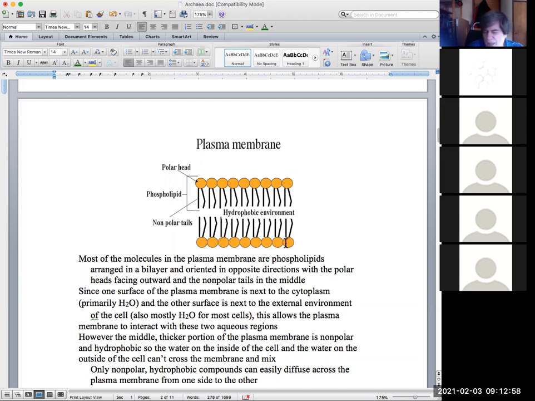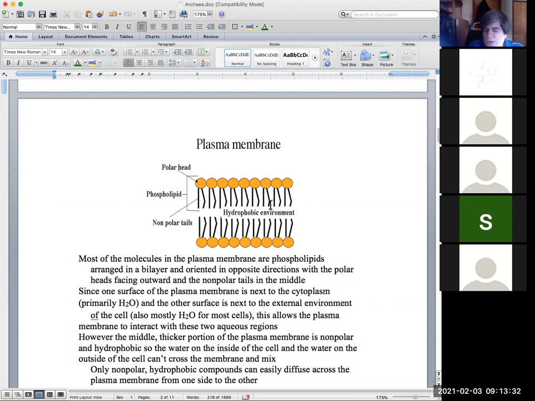On the other side, the polar heads are facing inward against the cytoplasm. Well, remember, we just said a minute ago, the cytoplasm is mostly water. Now, one of our rules in chemistry is polar things mix with polar things, nonpolar things mix with nonpolar things, but usually polar and nonpolar things don't mix very well. So the polar heads are out against the water of the environment, and they're also on the very inner layer against the water of the cytoplasm.